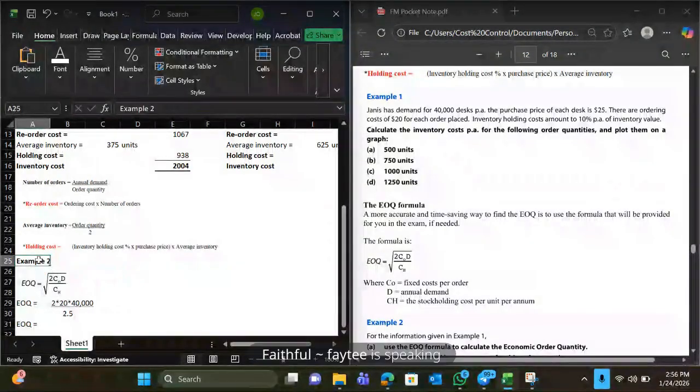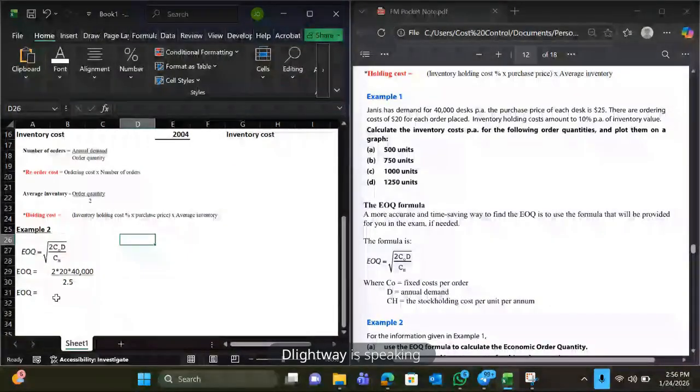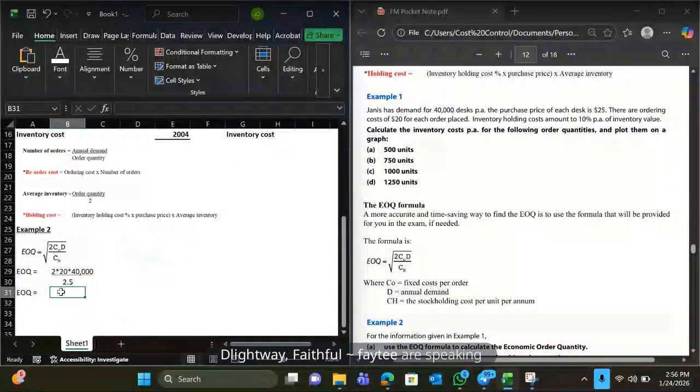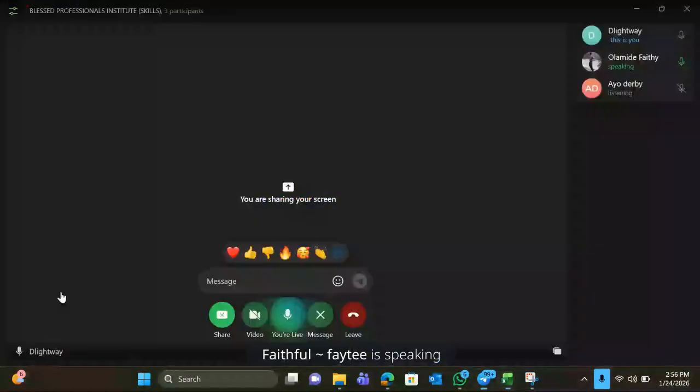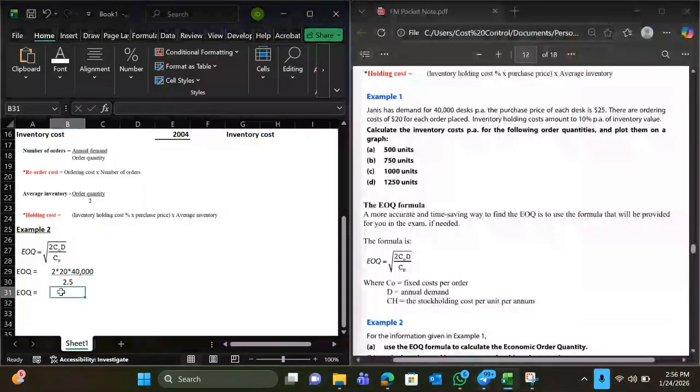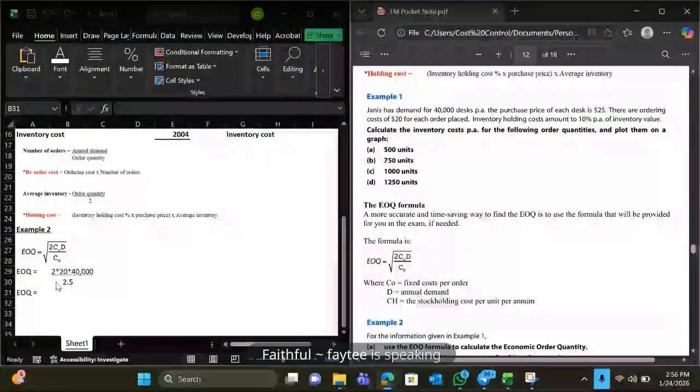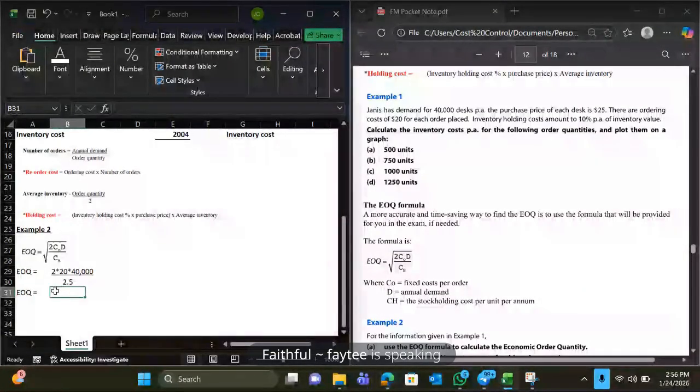Let me use my other phone. 2 times 20 times 40,000 divided by 2.5. 16,000.